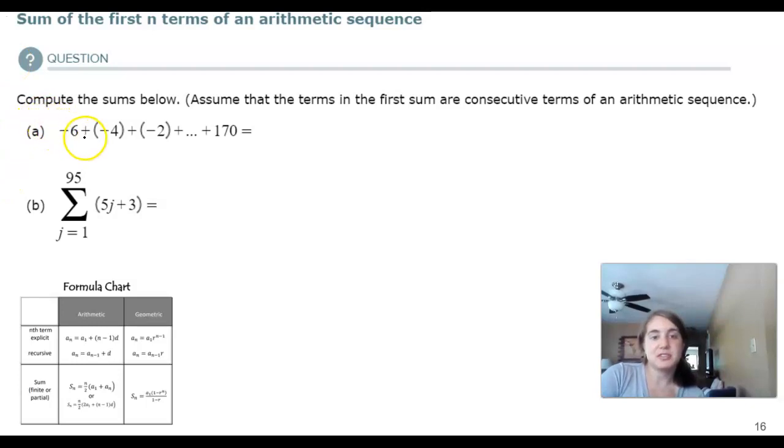So it says compute the sum below. And we know that what we're doing each time is adding 2. So that means this is arithmetic. So I'm going to go ahead and use this equation.